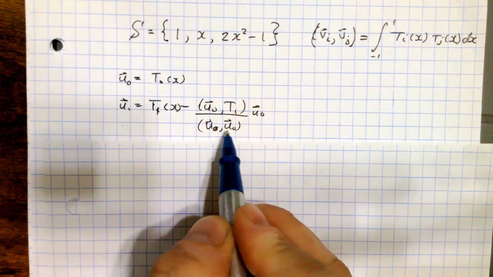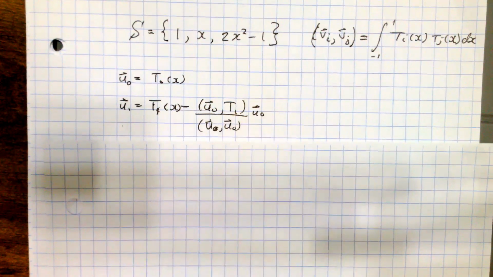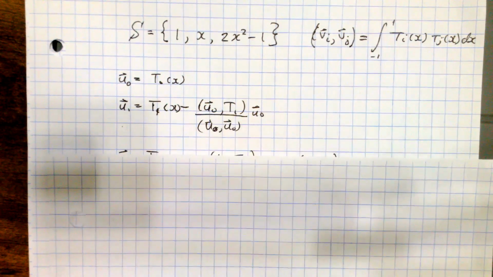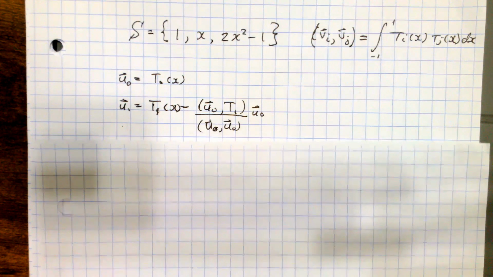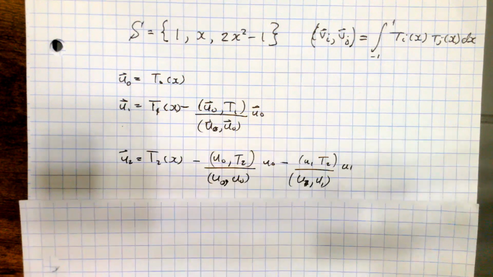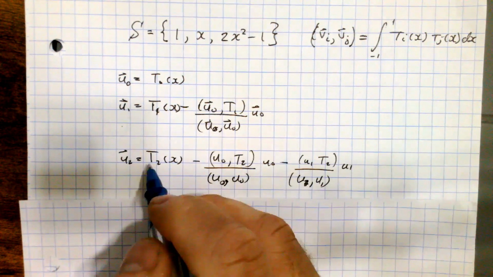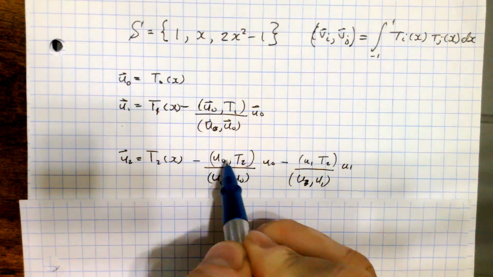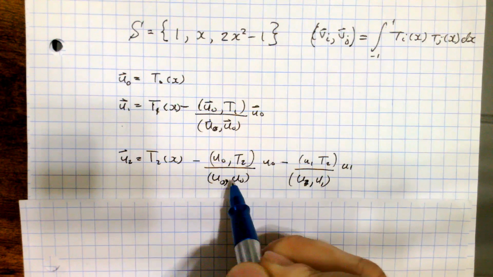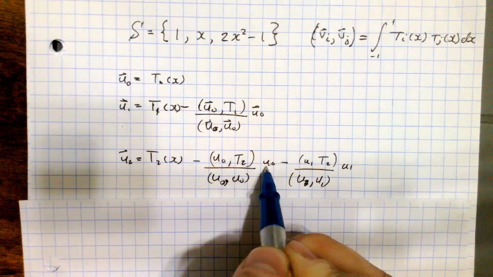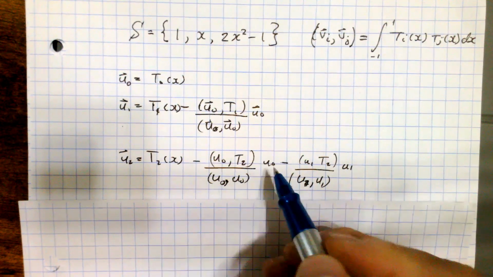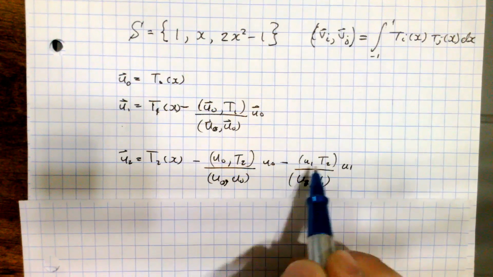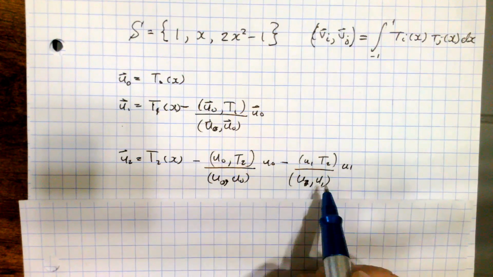And finally, U2 is equal to T2 of x minus the inner product of U0 and T2 divided by the norm, and then again that weight being multiplied by U0. And then also for U1 and T2, and then the weight of U1, subtracting those components off.